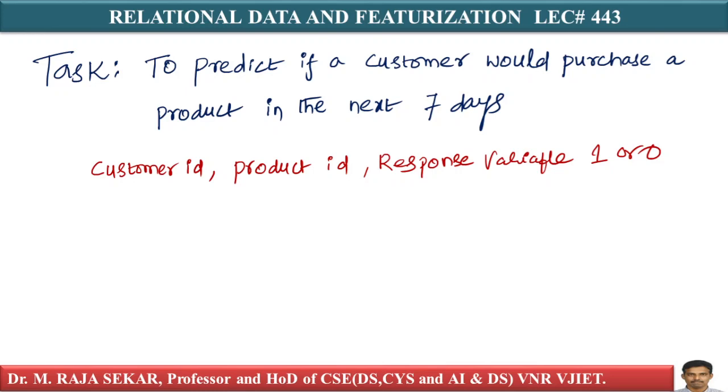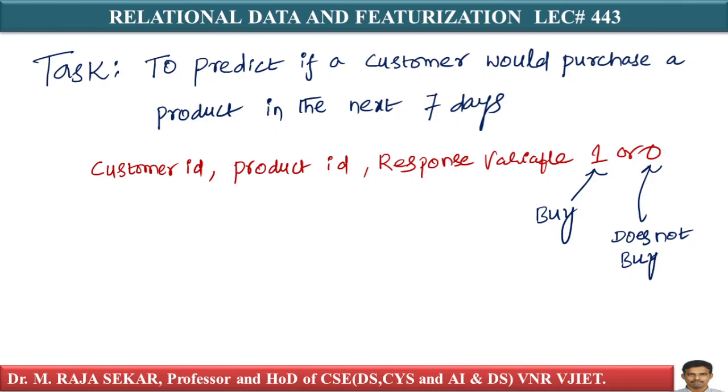Your response variable is 1 or 0. 1 means the customer would buy the product in the next 7 days. 0 means the customer does not buy the product in the next 7 days.